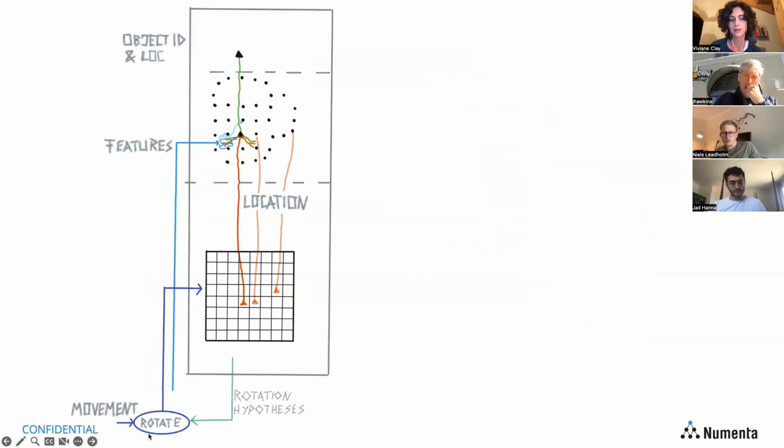That might be happening in the thalamus, for example: we get the displacement coming in of how the sensor moves relative to the body, and then we rotate this displacement depending on how we think the object might be rotated. Then that gets into the object's reference frame, and we can use it to activate the next location in that reference frame and activate the neurons up here. That's one addition in here.